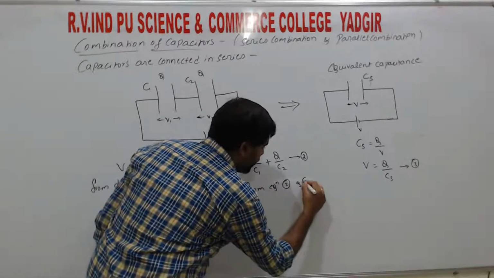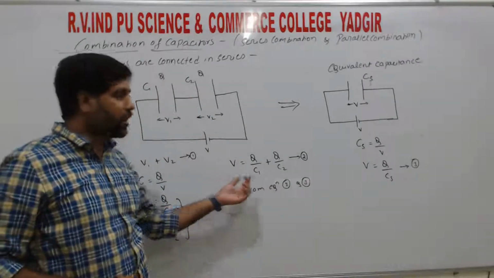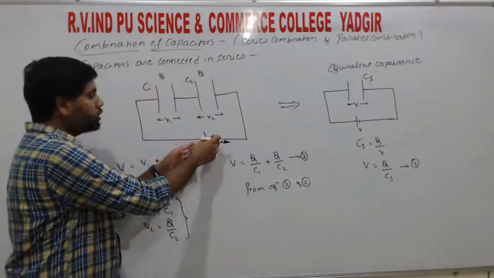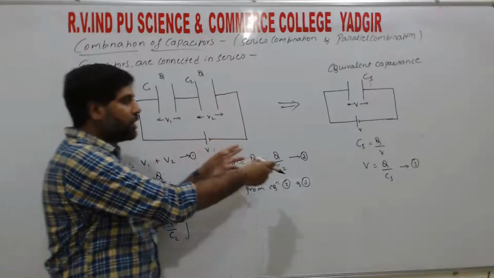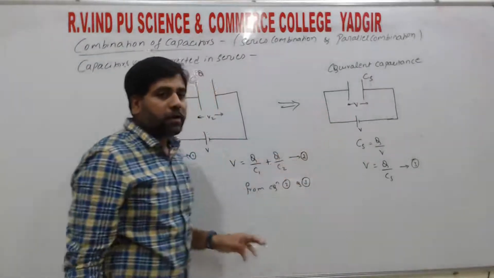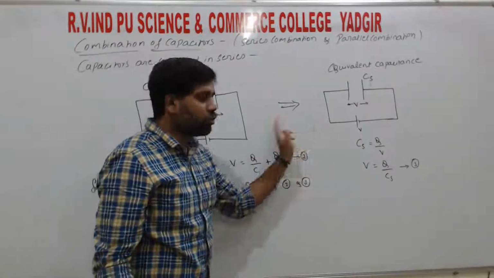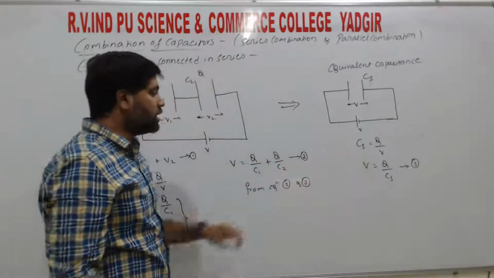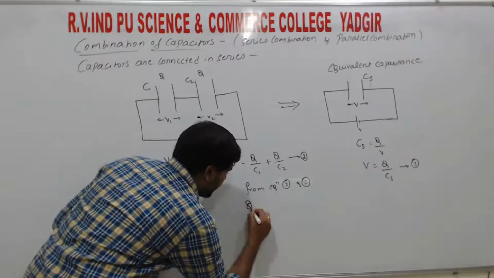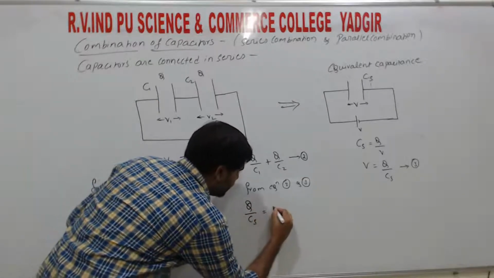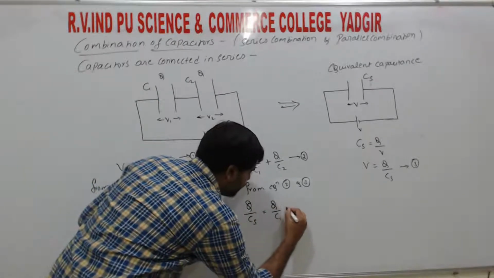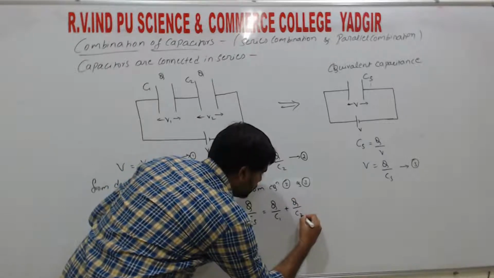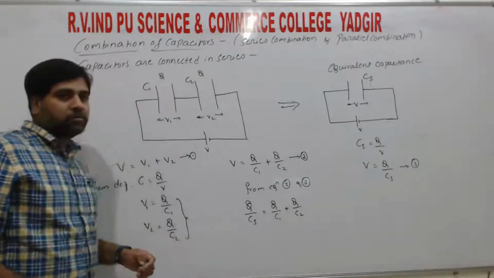From equations 2 and 3, right? In the LHS we have the same potential. That means the potential we applied across the combination is the same as that across the equivalent capacitance. So V is the same for both cases, and the LHS is also the same. That means on the RHS we are equating Q divided by Cs equals Q by C1 plus Q by C2, right?